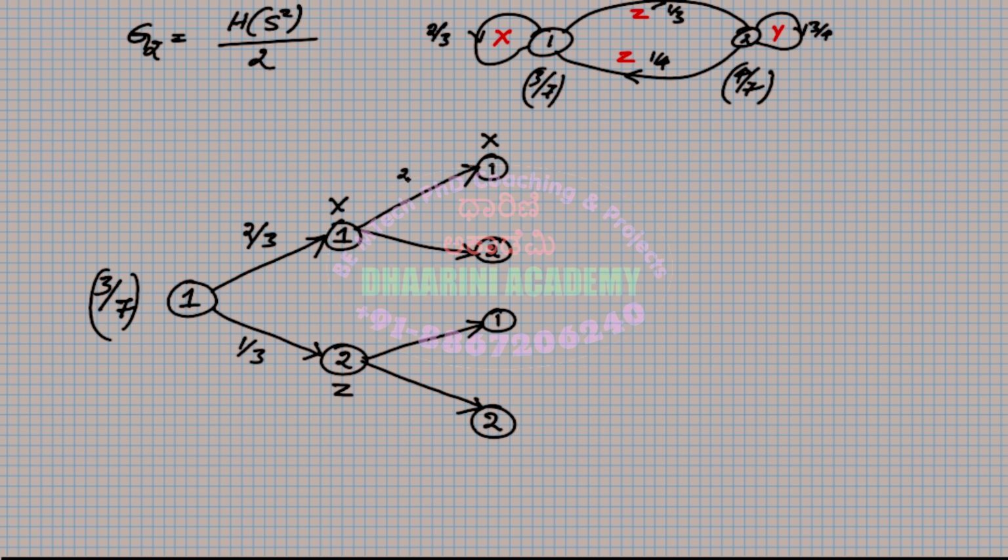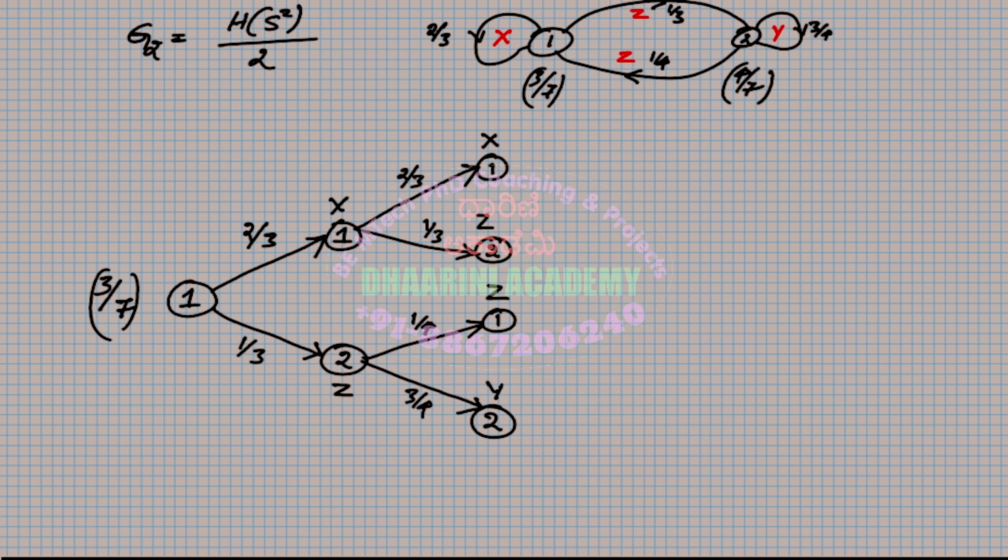So this is a probability 2 by 3. 1 to 2 is 1 by 3, and the symbol received is Z. If you already have Z in place because you are in state 2, you may go back to state 1, again that will give you a Z. Correct? You are in state 2 and you remain in state 2, right? There is a different probability. So let me write that. This is 1 by 4 and this is 3 by 4. Correct? You get a Y.